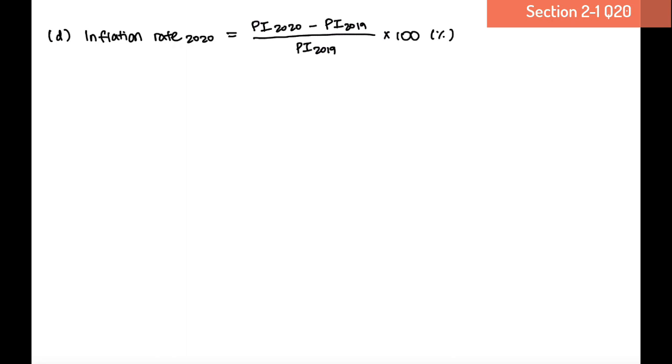In part D, the price index that we're going to use is the GDP deflator. So let's plug in the numbers. In 2020, that was our base year. So our price index was 100. The GDP deflator was 100. In 2019, our GDP deflator was 100.8.